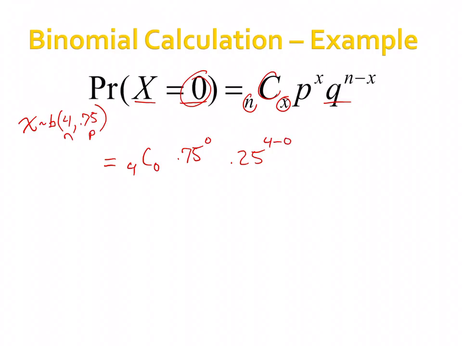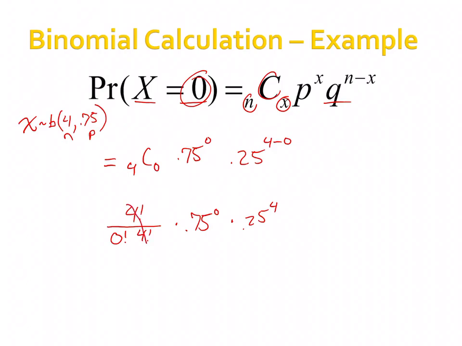So I'm just going to write this out one more way. How many different ways can we choose 0 from 4 for our choose function? That'd be 4 factorial over 0 factorial times 4 factorial, times 0.75 to the 0 power multiplied by 0.25 to the 4th power. So this is our equation set up.